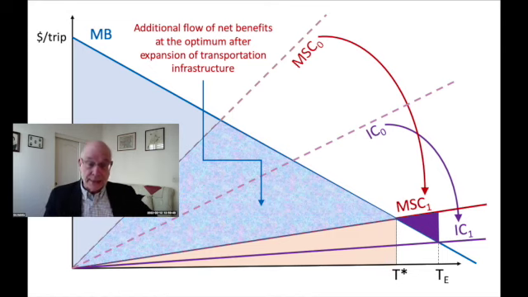And indeed, it is the case here that compared to the original equilibrium position, the volume of trips is higher, and it stands to reason, right? That if the cost of a trip is lower, then the barrier to taking a trip is also lower. So it stands to reason that more people will take that trip. It's not so costly. Let's go.